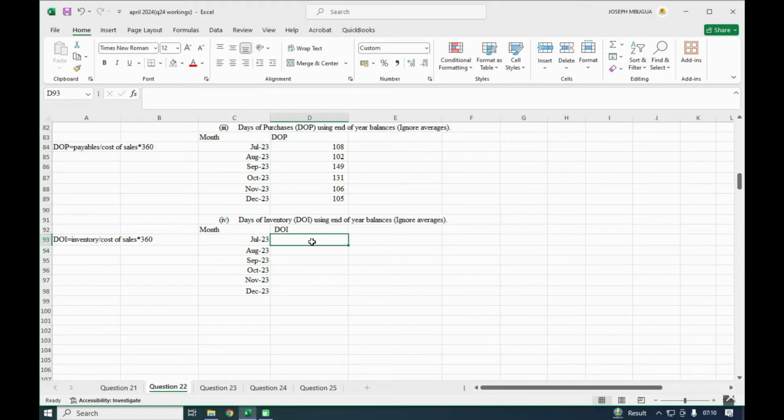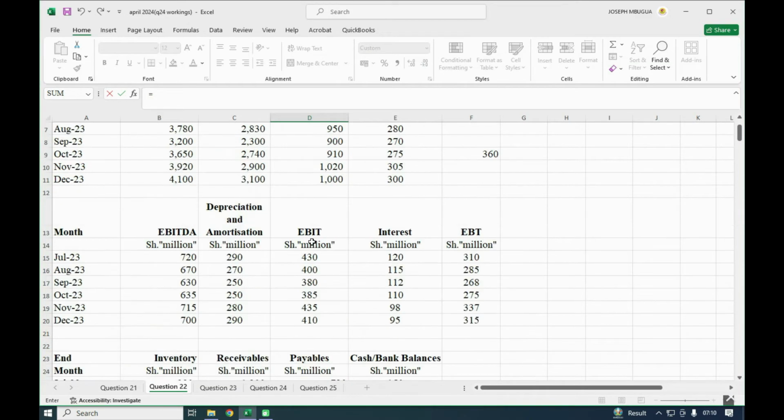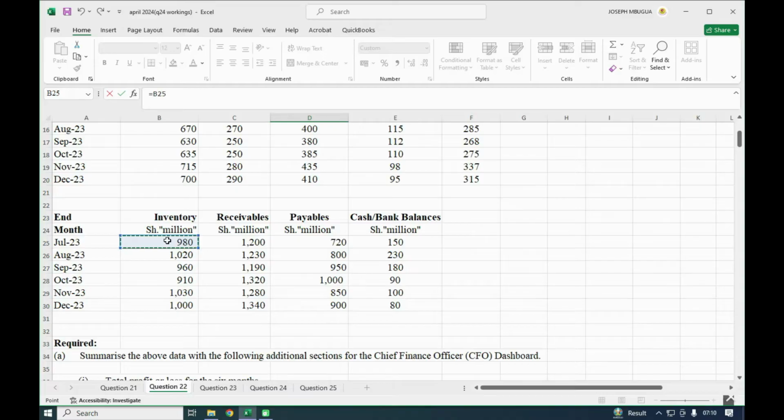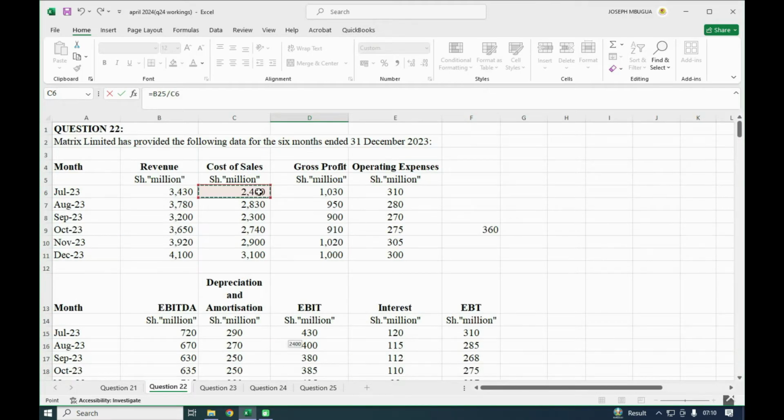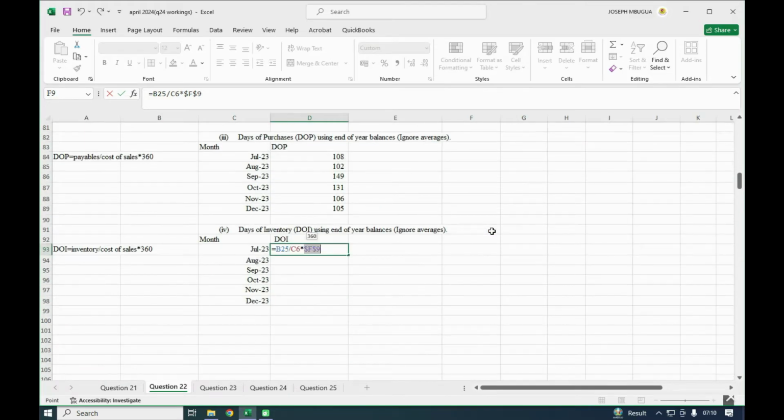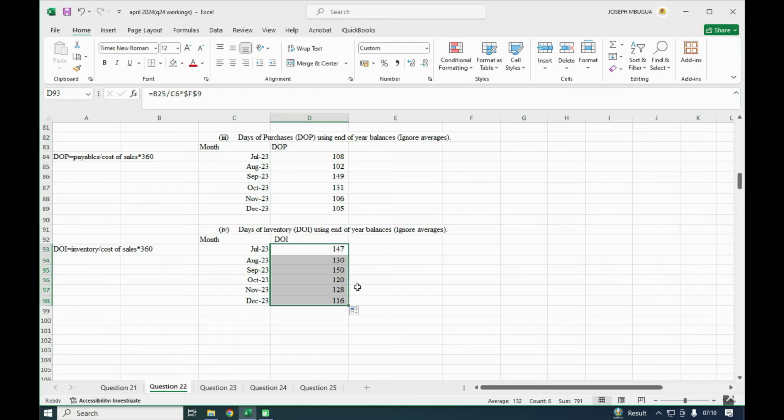So inventory, the end of month balance, we divide by the cost of sales and multiply by 360, which we shall lock. So it will give us 147. Yeah, so that will be the value.